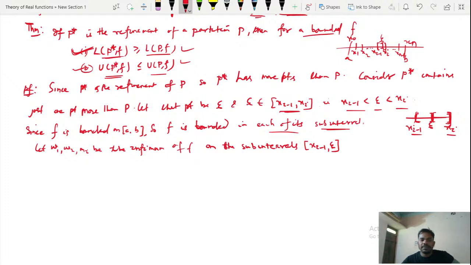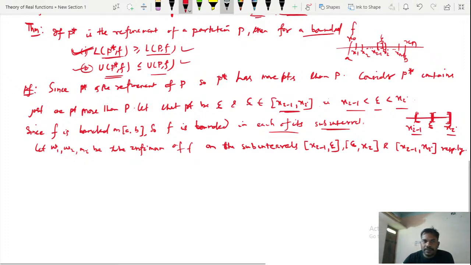Here w1, w2 and mi are the infimum of f on the subintervals xi minus 1 to J, J to xi, and xi minus 1 to xi respectively. That means in the first subinterval the infimum element is w1.